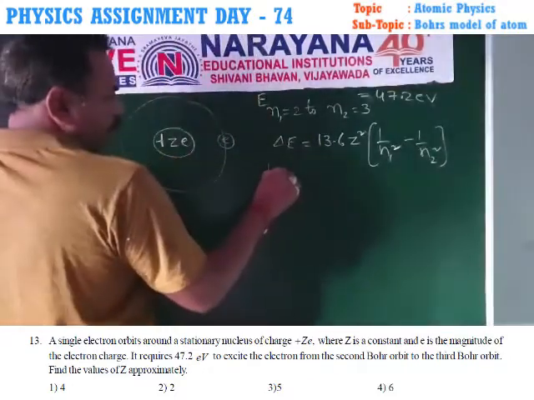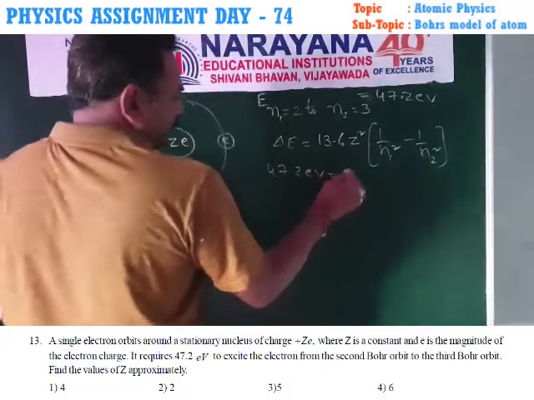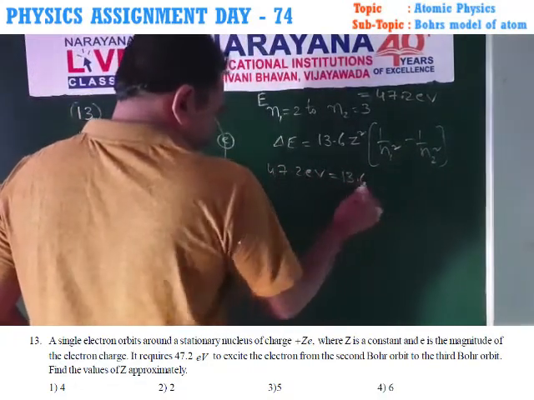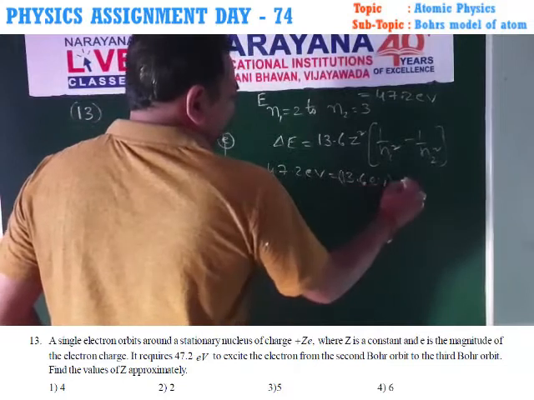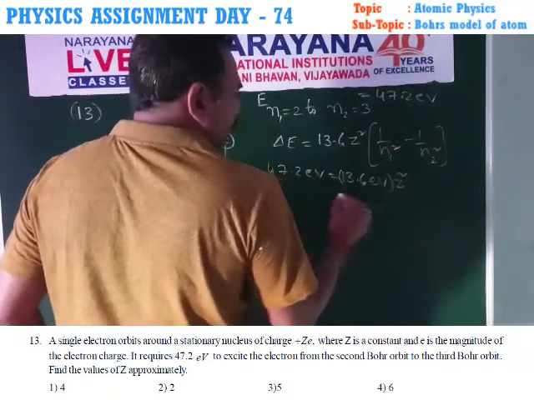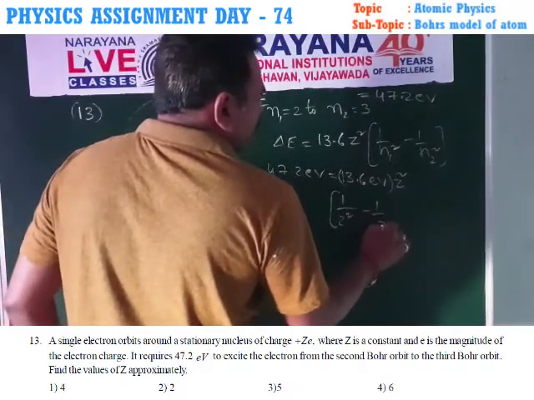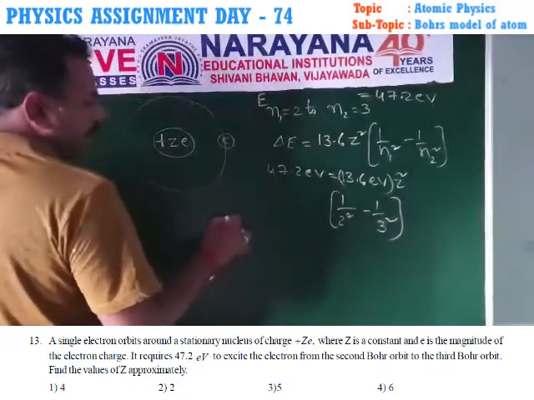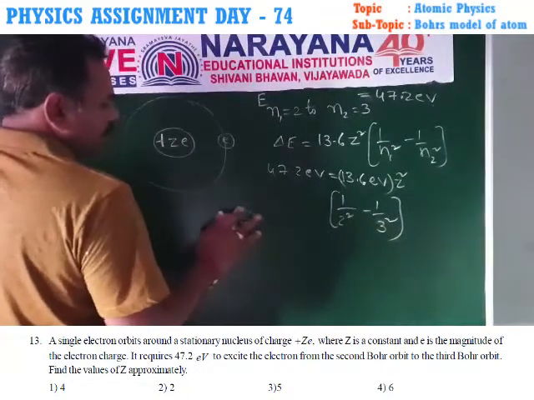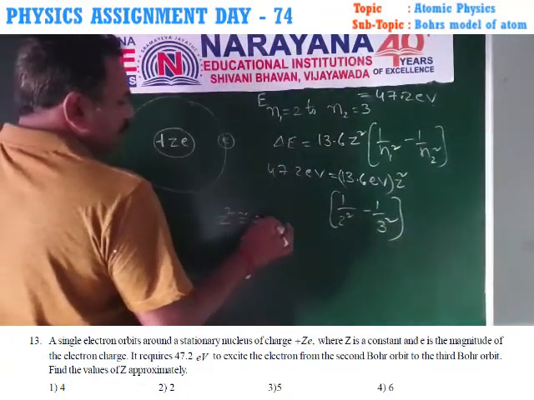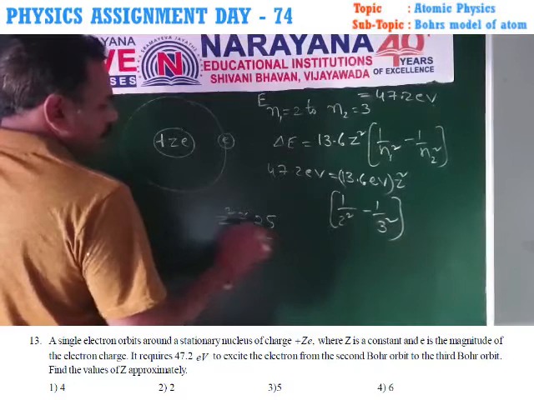So 47.2 electron volts is equal to 13.6 electron volts into Z square into 1 by 2 square minus 1 by 3 square. On calculating it, Z square is nearly equal to 25. Therefore, Z is equal to 5 only.